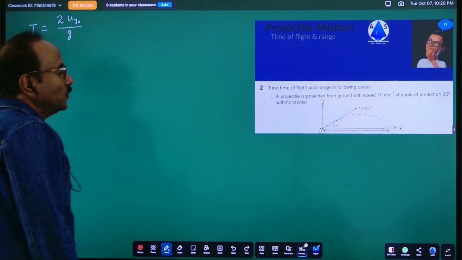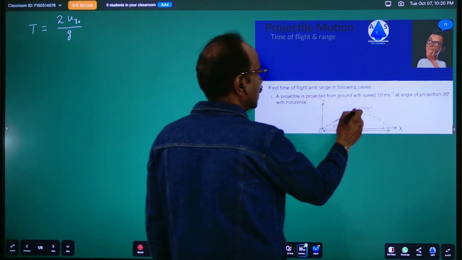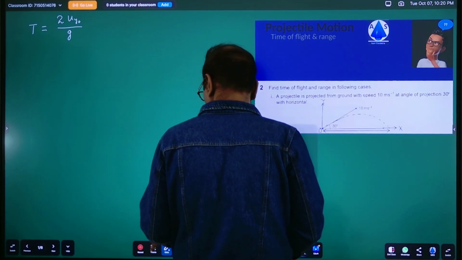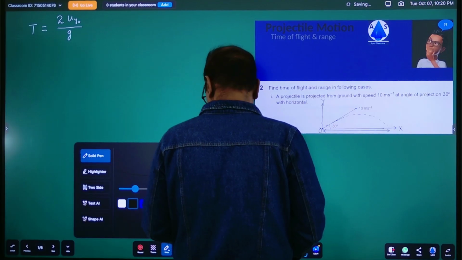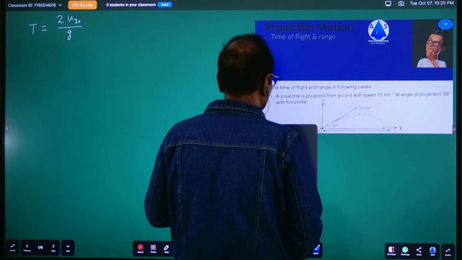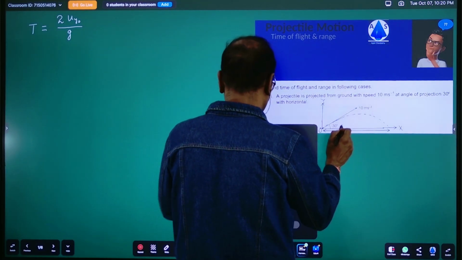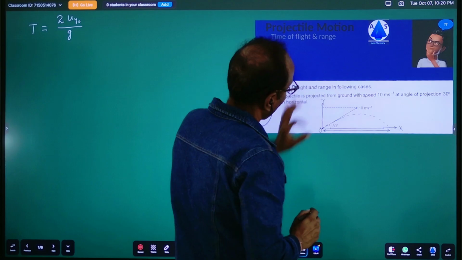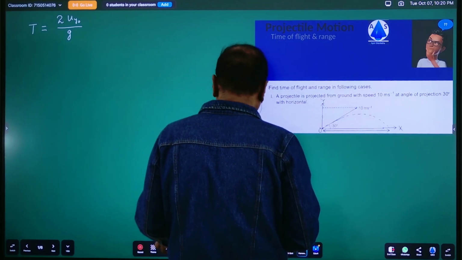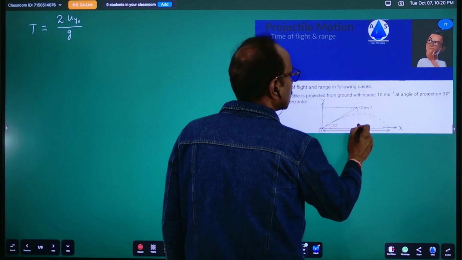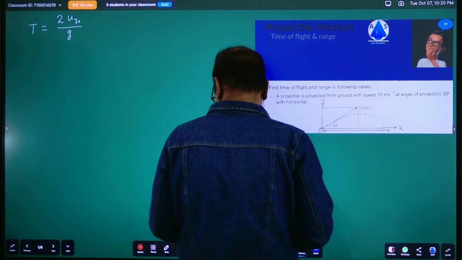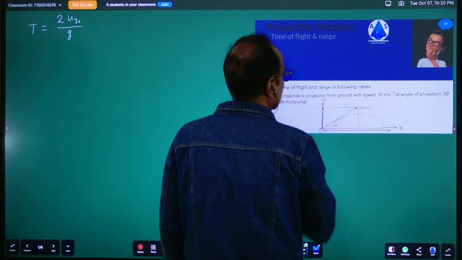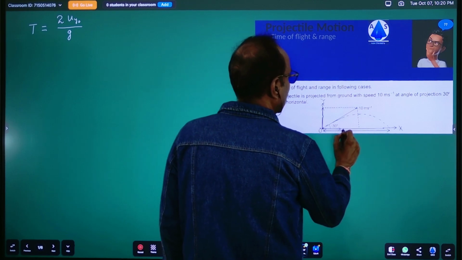So what is your uy naught? Your uy naught is this, and your ux naught is this.